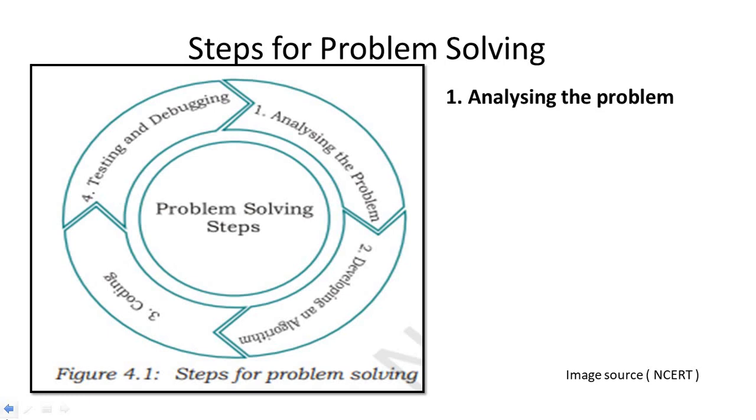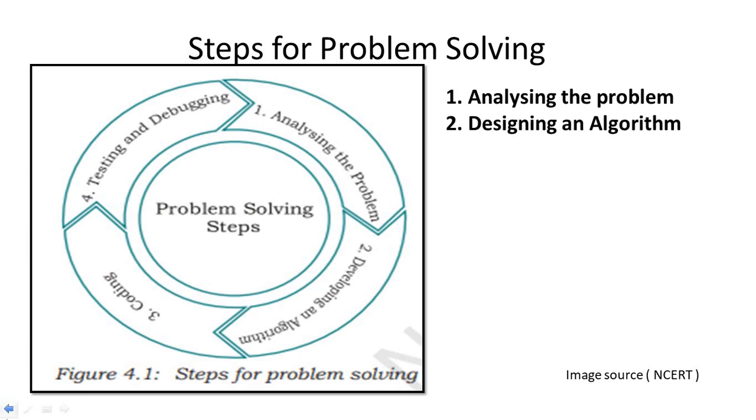So understanding of the problem will clearly indicate what we are supposed to solve or what we are supposed to do. After we are clear about the problem, then we'll go to the second step, designing an algorithm.